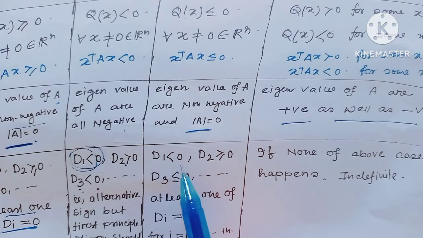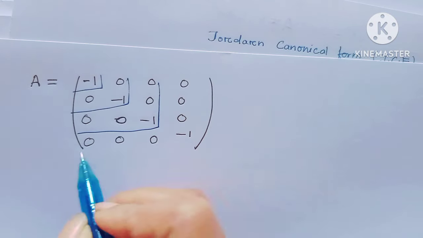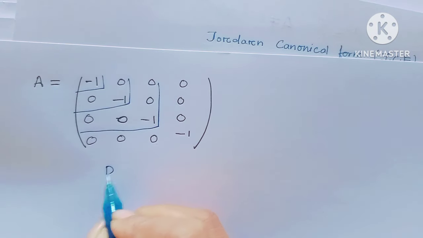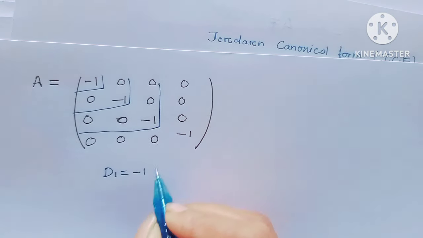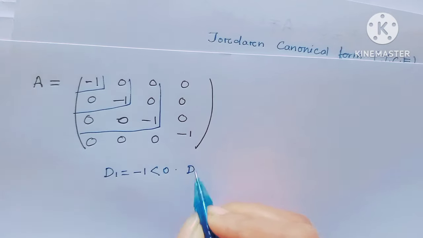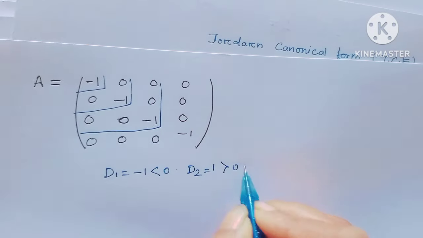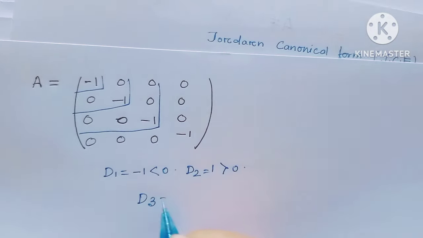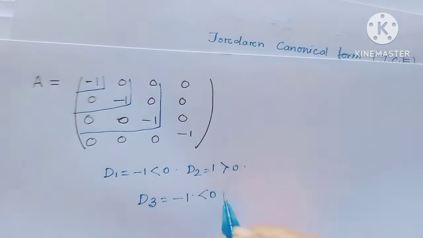As for example, consider A equal to this matrix. Then this is D1, this is D2, this is D3 and this is D4. Notice D1 equal to minus 1, which is negative. D2 equal to plus 1, which is positive. D3 equal to also minus 1, which is negative.